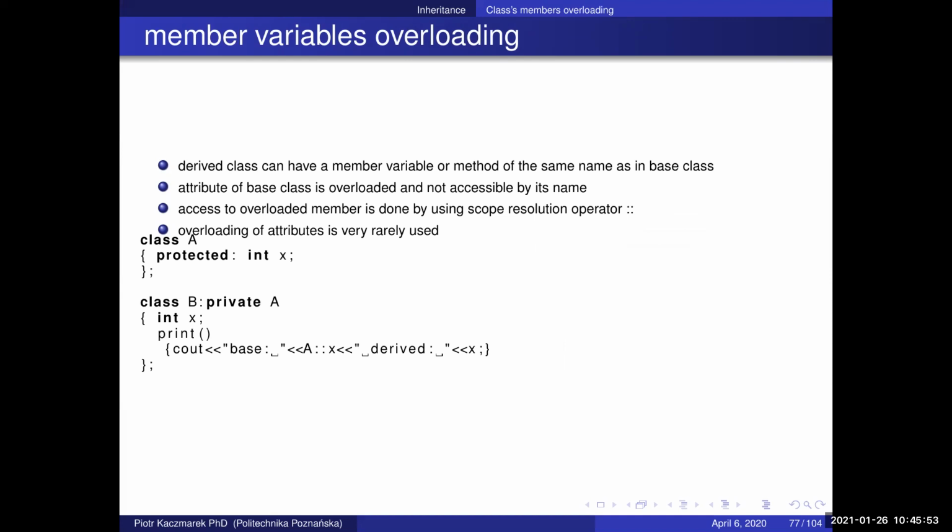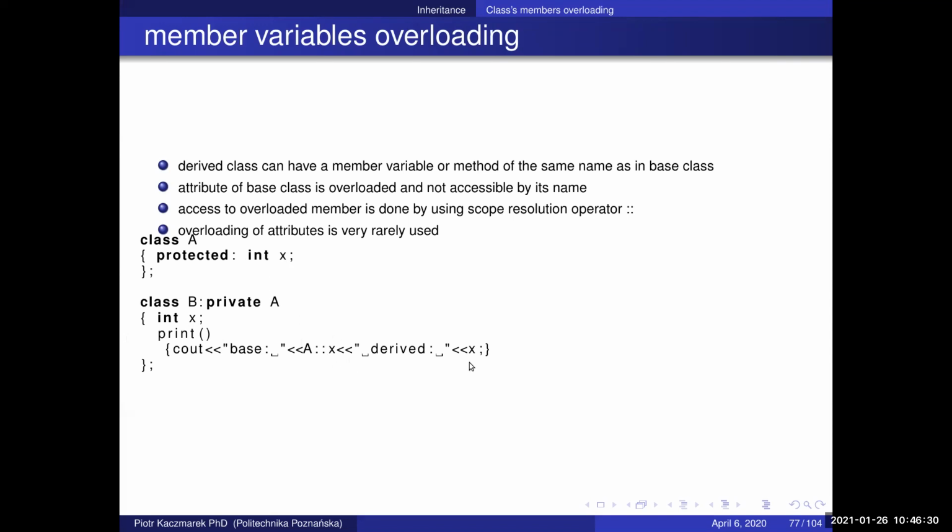Similar to overloading of the methods, we can also overload fields. So you can have class A with field int x and class B, which inherits A as private, and there can also be a field of the same name. It may differ in type, but let's assume that it has the same name.